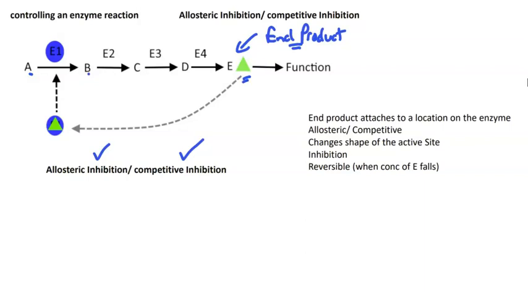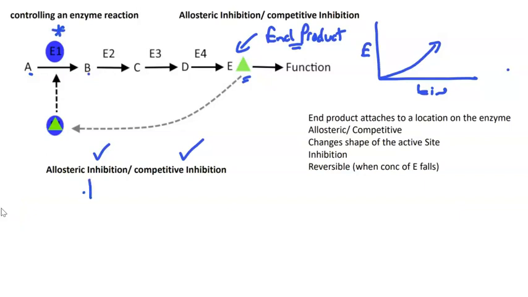So as the pathway switches on, the concentration of E increases over time. At a given level, the concentration of E is able to interact with enzyme E1.